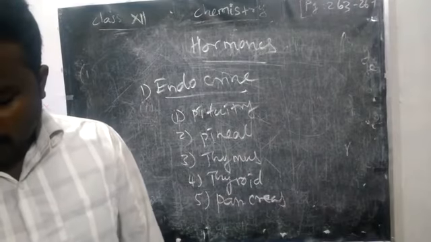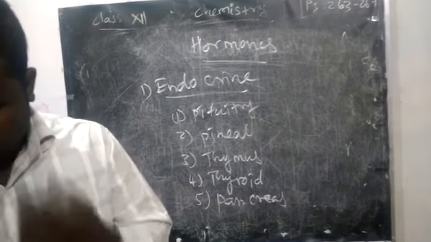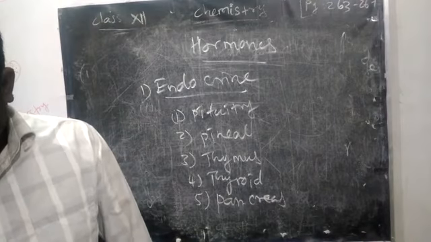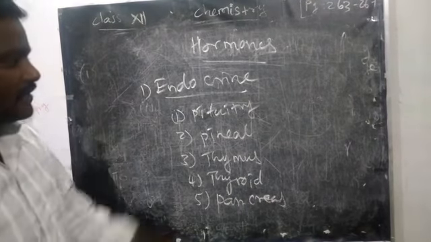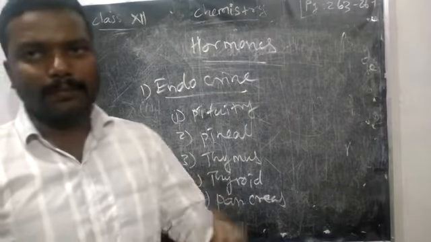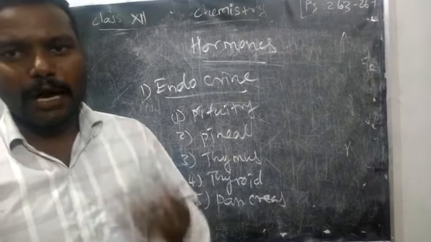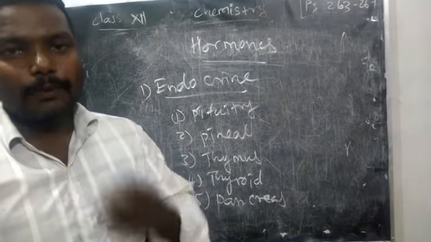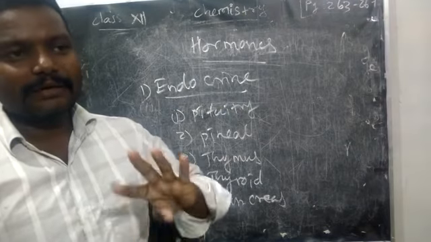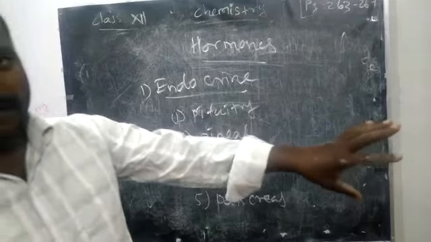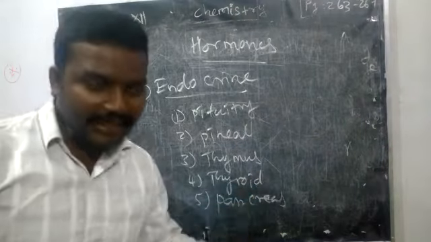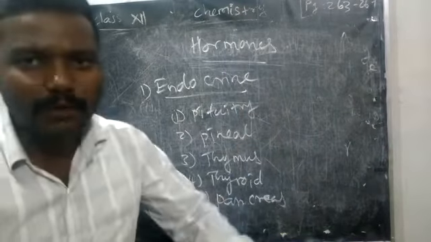Yes, and we also have another type. Based on the distance, these glands segregate some liquids, that is, hormones. That hormone segregation is based on its working nature. It may work for a long time, or in a certain area, or only in a particular cell.